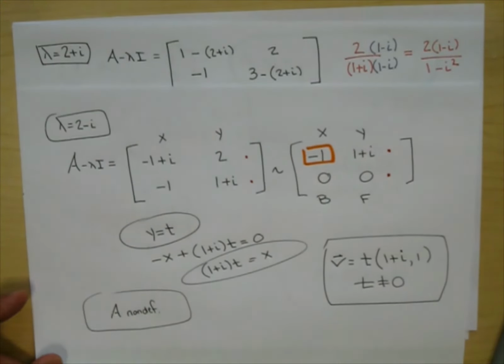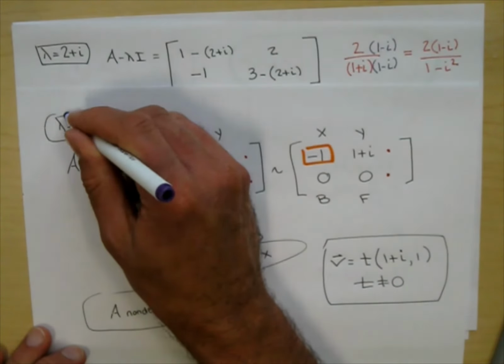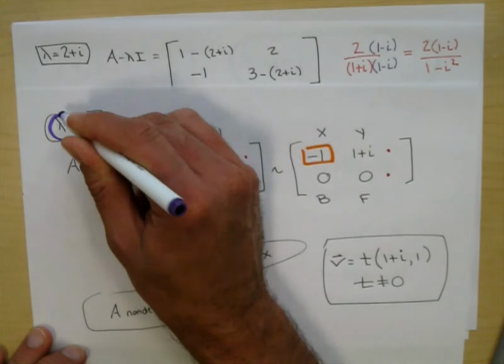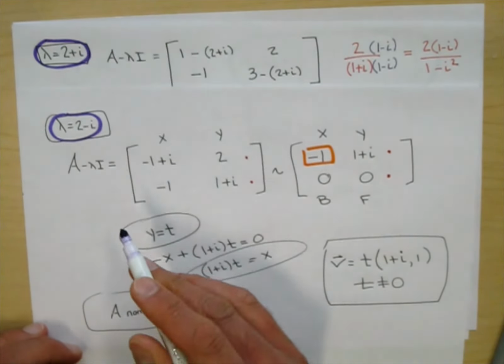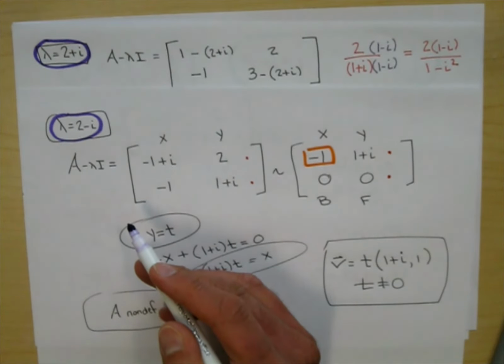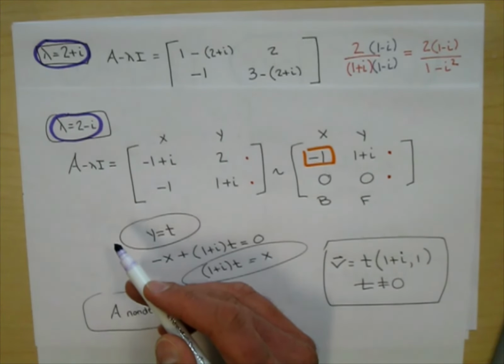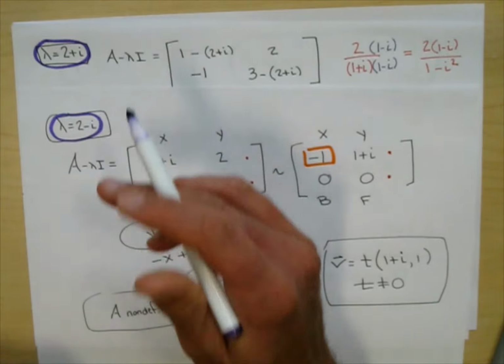Notice how these eigenvalues are complex conjugates. Complex conjugates are like if you have a plus bi, the complex conjugate would be a minus bi. And so those are complex conjugates.